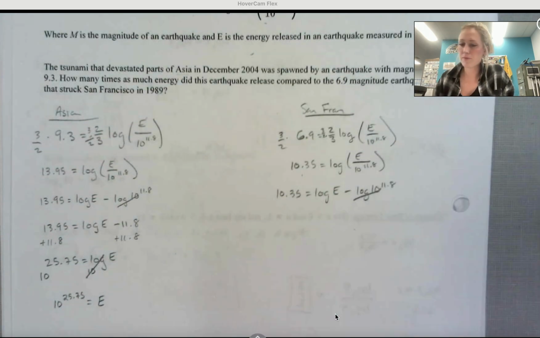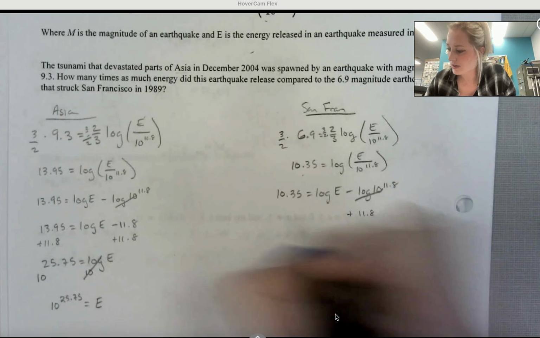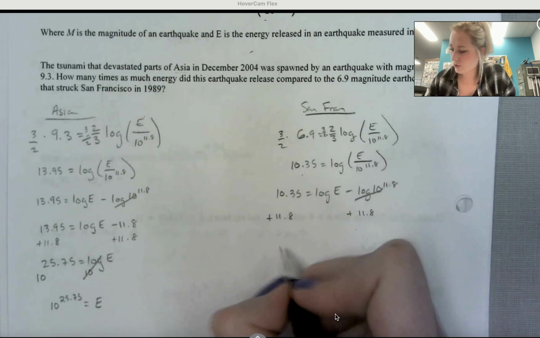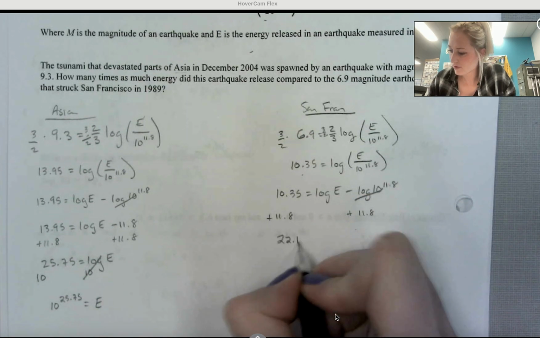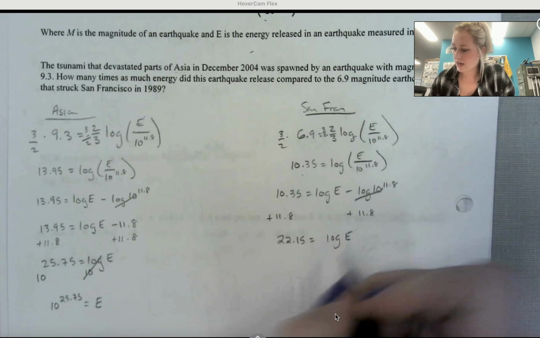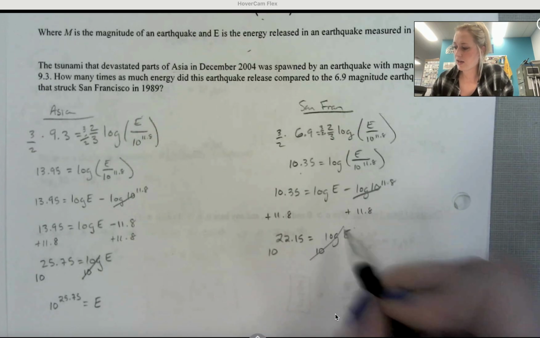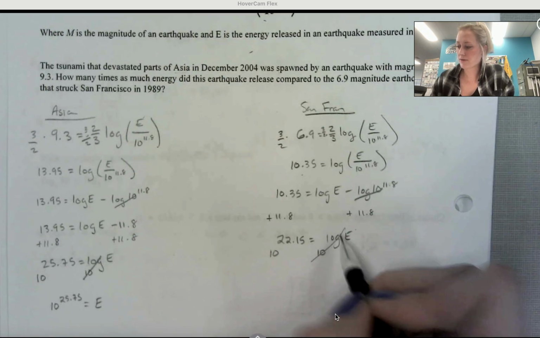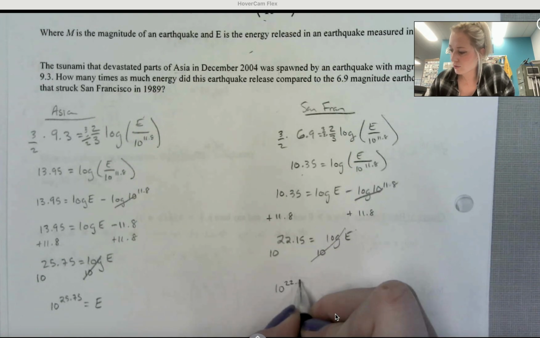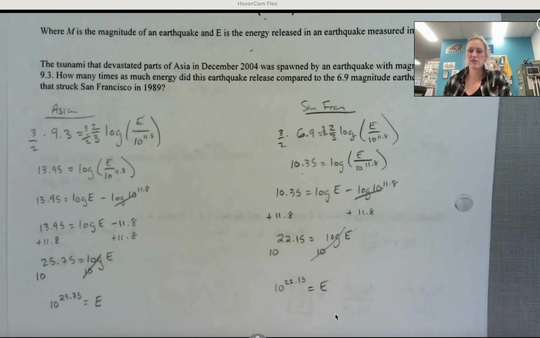The log base 10 and exponential of base 10 cancel, and then I can add 11.8 to both sides. And we get 22.15 equals log of E. Again, to get rid of that log, we're going to apply an exponential of base 10, since exponential base 10 and log base 10 are inverses. So we've got 10 to the 22.15 is the energy release for the earthquake in San Francisco.